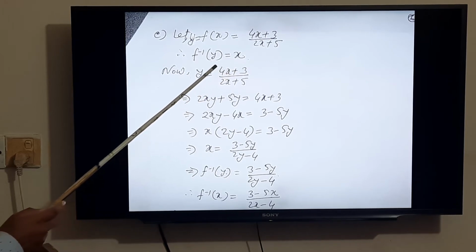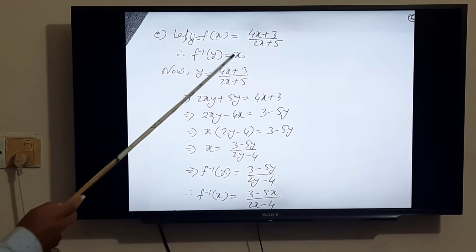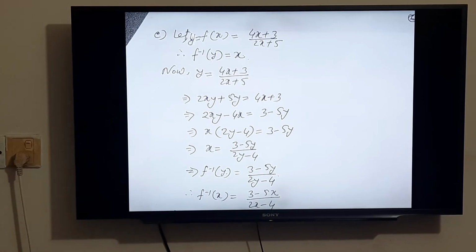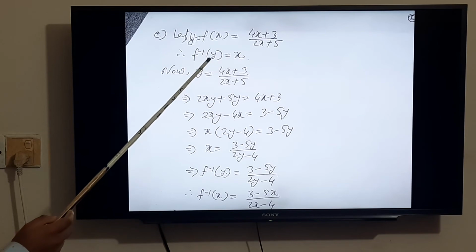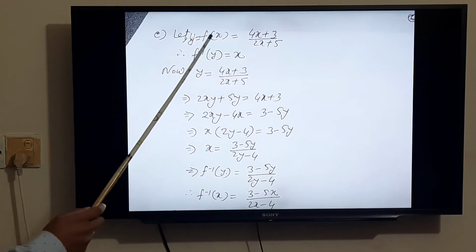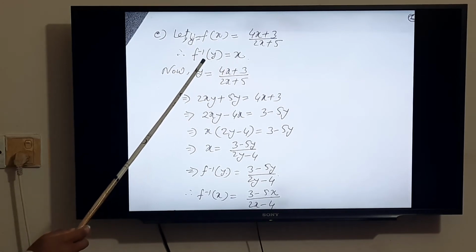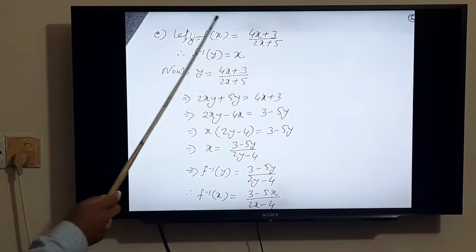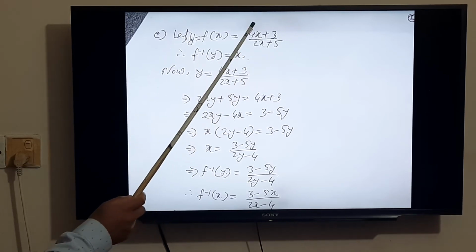Dear student, you have to note it for f inverse x. This is our basic formula: if y is equal to f of x, then x is equal to f inverse of y. So for this condition, we need the value of x.